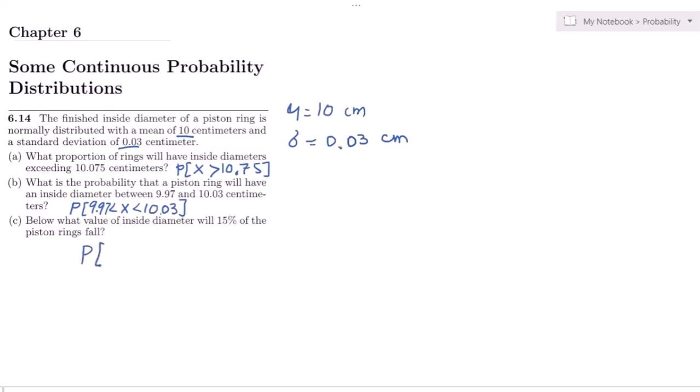Means the probability that x is less than small x, or when we convert it to the z domain, it becomes z. So this is 0.15, or in z domain, the probability that z is less than a value is 0.15.